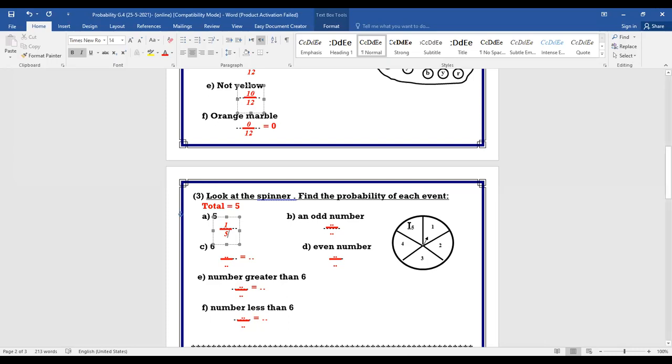How many odd numbers do you have in this spinner? 2. What are the odd numbers here? Tell me. 1 and 5. 5 only? And 3. 1, 3, and 5. We have 3 odd numbers here. And this will be 3 out of the total number, 3 out of 5.